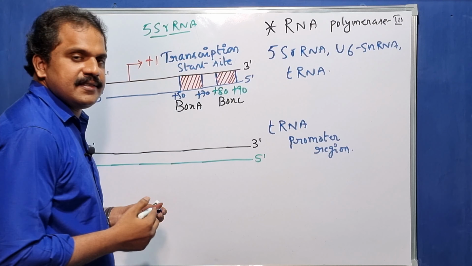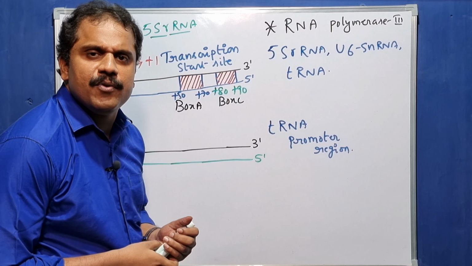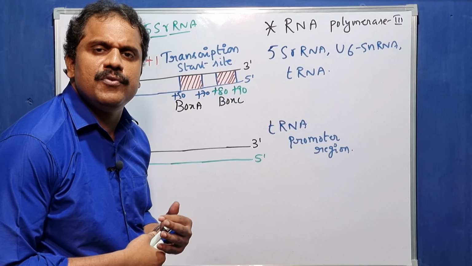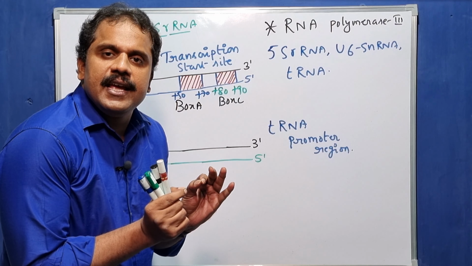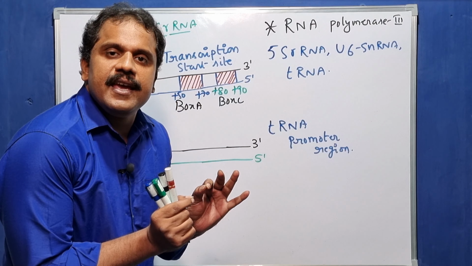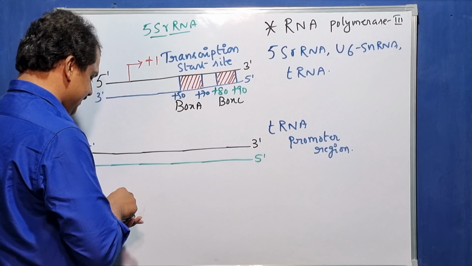Likewise the 5S rRNA promoter region, the tRNA promoter region basically consists of two different elements. So what are the two different elements here? They are nothing but box A and box B. So let me write it here.